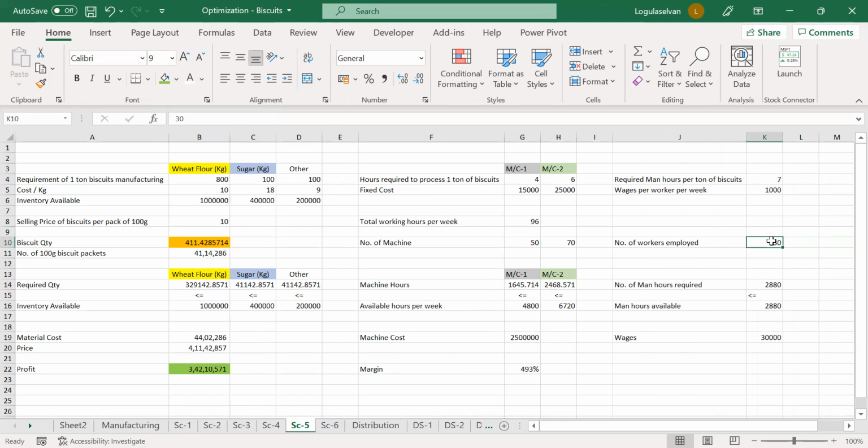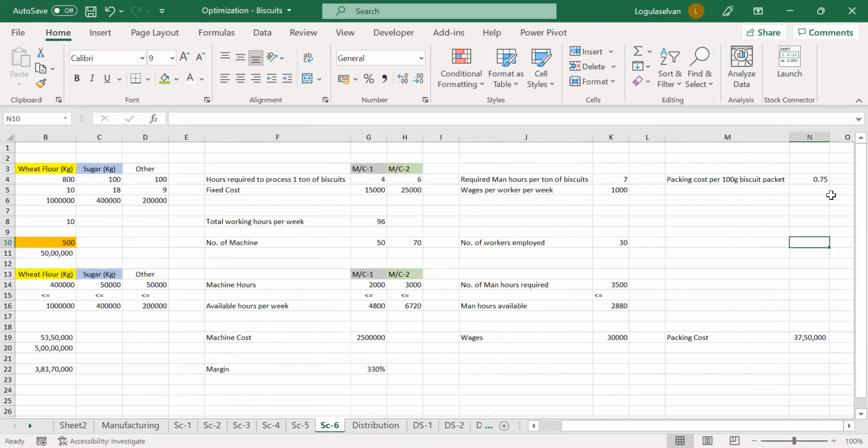If a good company has already invested in the machineries and everything, it would be better they should increase the manpower. So now, like last time, what we did for finding out the optimum number of machines, we will be working in our next scenario to find out the optimum number of manpower as well.